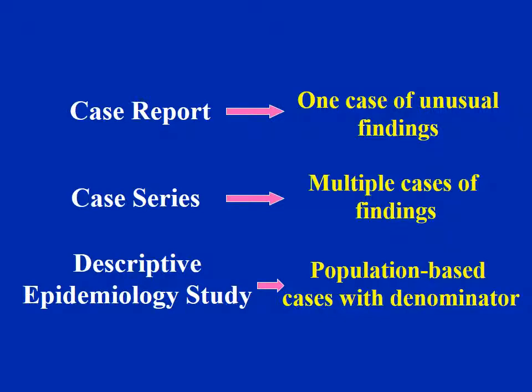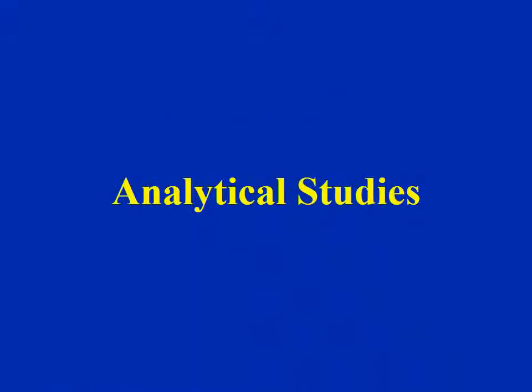Descriptive epidemiology often is where population-based cases come with the denominator. I would argue that many cross-sectional studies fall into this category. Analytic studies can also be considered cross-sectional, especially when you have an intentional hypothesis.